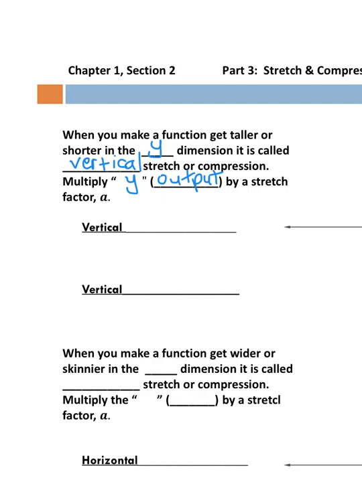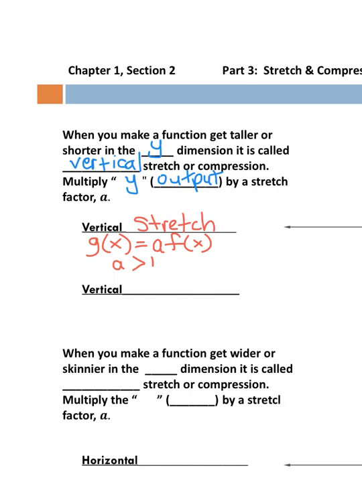Okay, so the first thing we're going to talk about in the vertical dimension is vertical stretch. That means our output is getting bigger for a given input. So we're going to multiply our pre-image function by some kind of factor a. And it makes sense that a is going to need to be bigger than the number 1 if we want to grow that output for a given input.